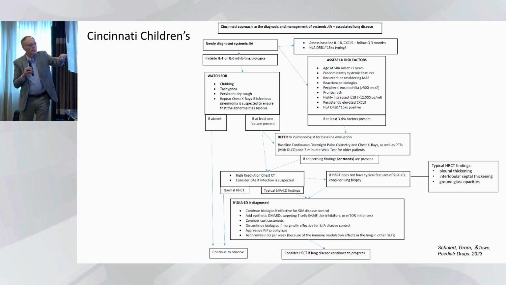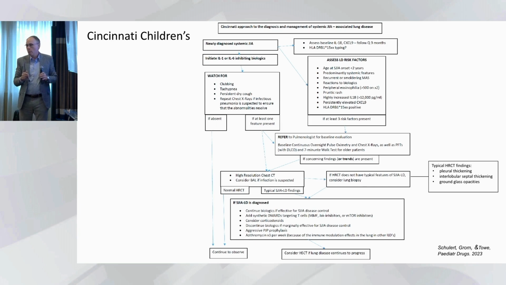Now going back, let's say we are at the point when the diagnosis of the lung disease is clear. How do we handle the lung disease from there? First of all, the question about the biologics. We continue biologics if they are effective for the control of the underlying systemic juvenile idiopathic arthritis, because what we see in these patients is that if the disease is active, the lung disease will progress.